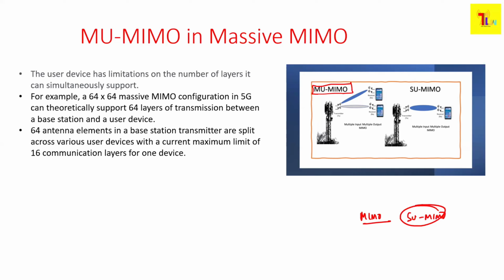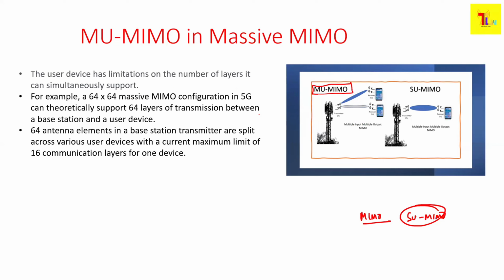Multi-user MIMO is being developed and it's a very complex process, because you need to allocate multiple beams to multiple users. Your gNodeB should be intelligent enough to direct beams towards individual UEs, multiple UEs at the same time, in the same interval. That is called multi-user MIMO.